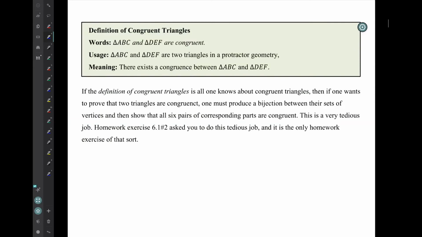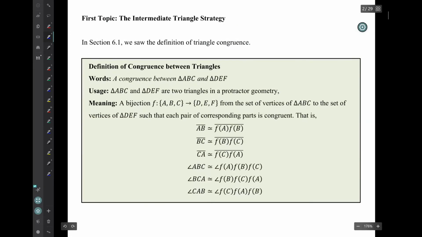And then we defined congruent triangles to mean triangles such that there exists a congruence between them. That is to say that triangle ABC and triangle DEF are congruent means that there's one of these bijections between the set of vertices such that corresponding parts are congruent.